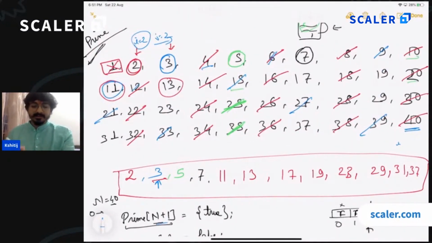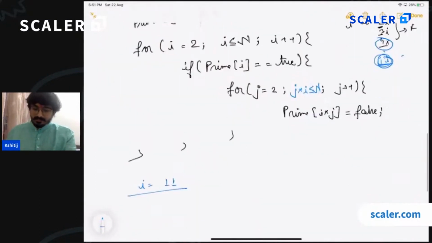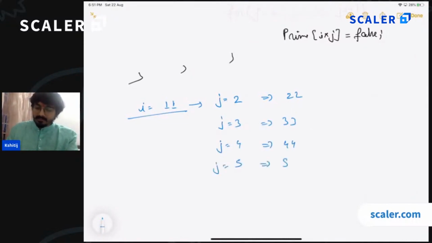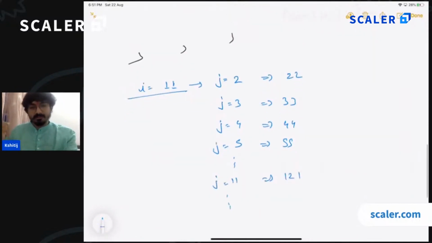The first number that we tried to cut was 11 into 2, which is 22, right? So if i is 11, we check for j equal to 2, which will give us 22. Then we will try to cut 33, then 44, then 55 and so on. Then j will become 11 and we will cut 121 and so on, right?